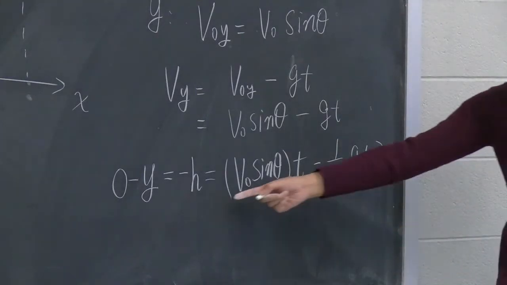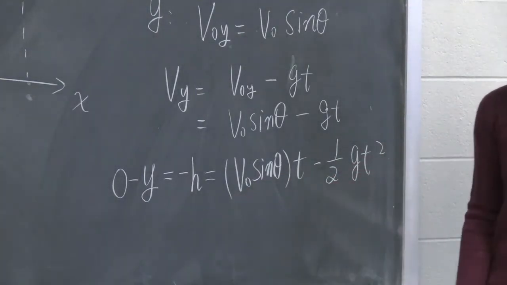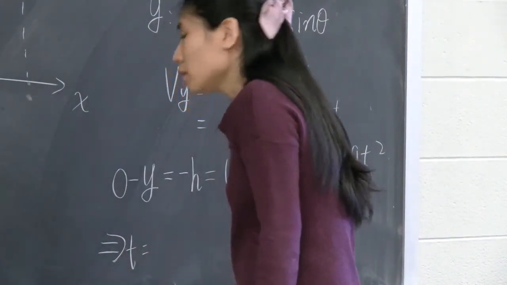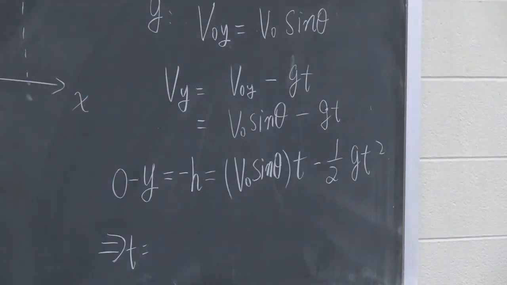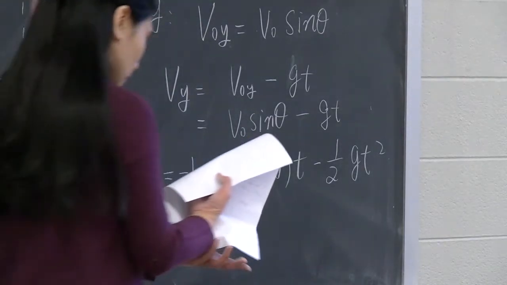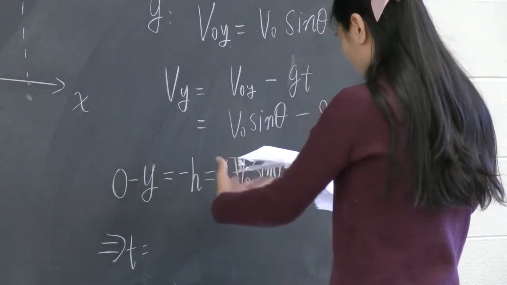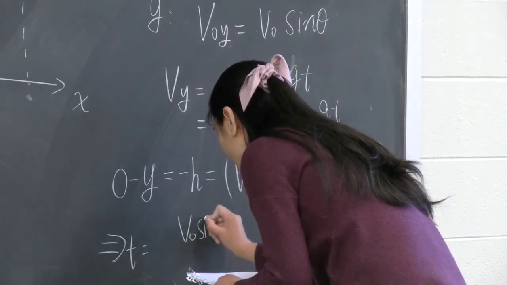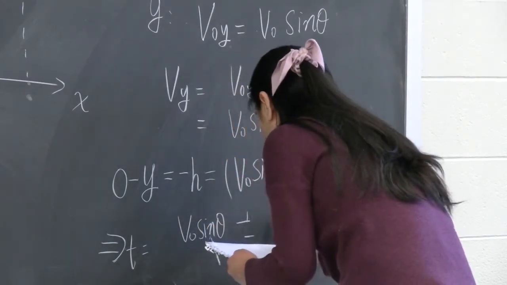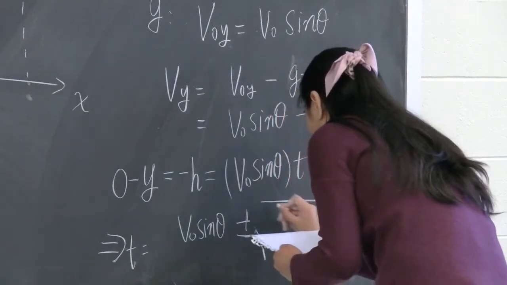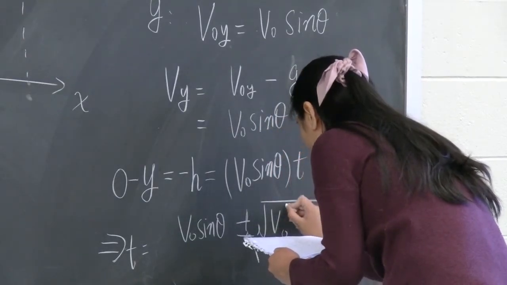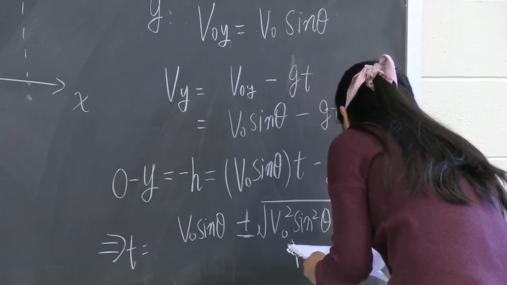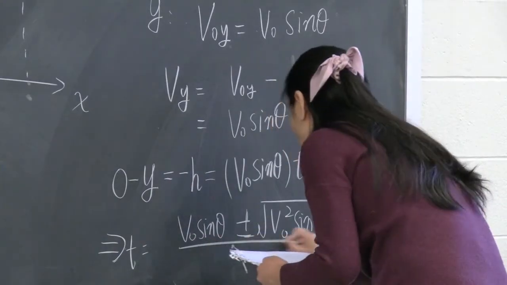From this equation, we can calculate the time it takes for a projectile shot at a certain angle. The final solution is t equals v naught sine θ plus or minus the square root of v naught squared sine squared θ plus 2hg, and then divide by g.